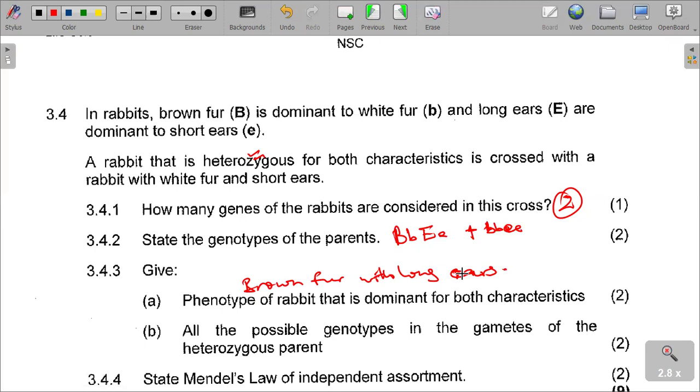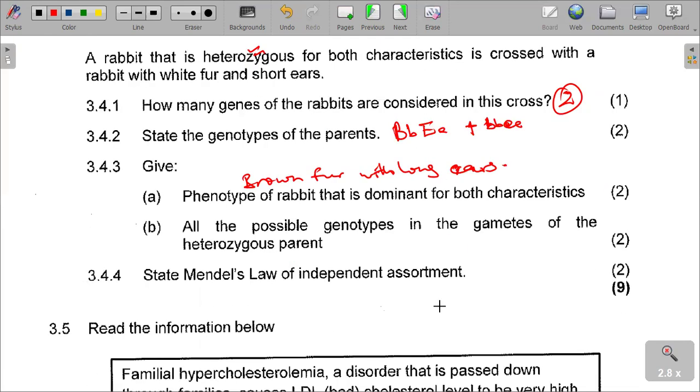And then the next question is asking for all the possible genotypes of the gametes of the heterozygous parent. Like I said again, refer also to the notes, and refer to the channel. I have got questions in terms of dihybrid crosses and other calculation questions in that regard.